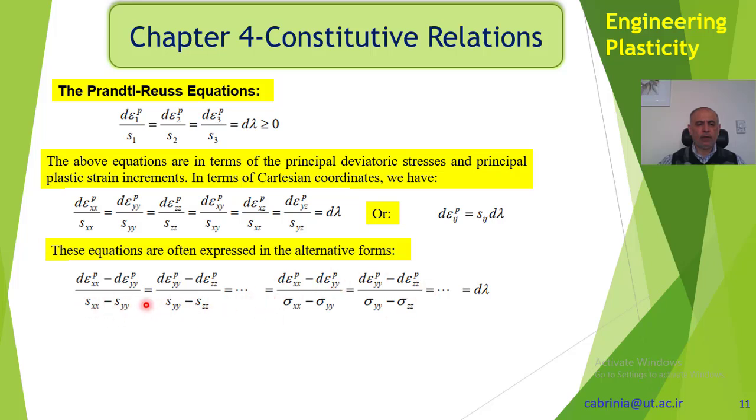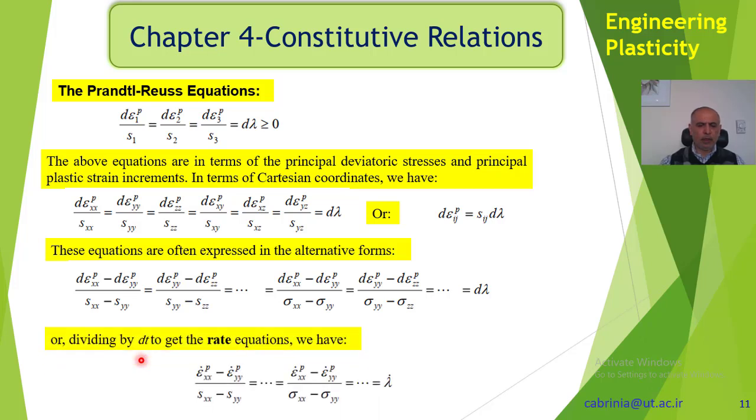Okay, this is an interesting one, and it could be seen that if we divide it by dt, we get the rate equation here. So we get epsilon dot xx minus epsilon dot yy, etc., divided by sxx minus syy equal to lambda dot.